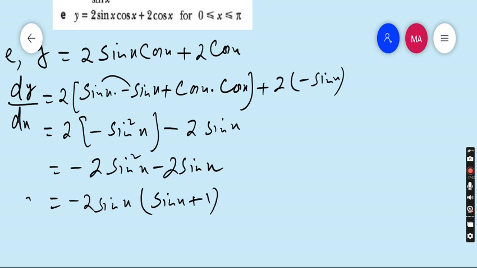Now replace dy by dx by 0. But before I do the next step, I just want to check all steps again.